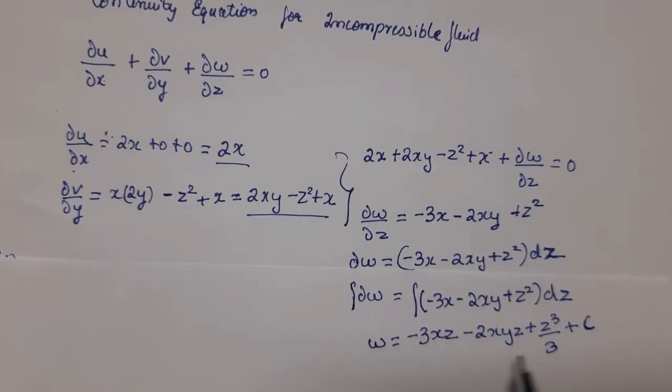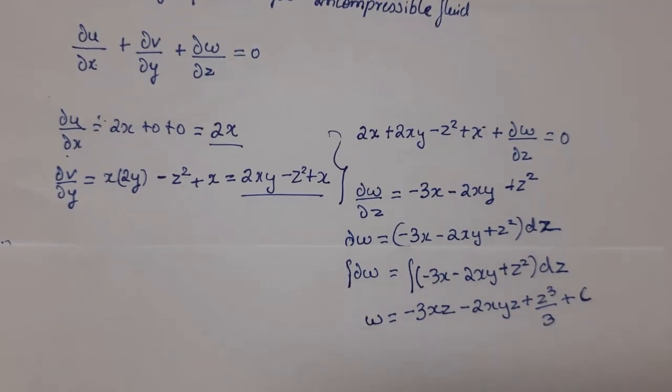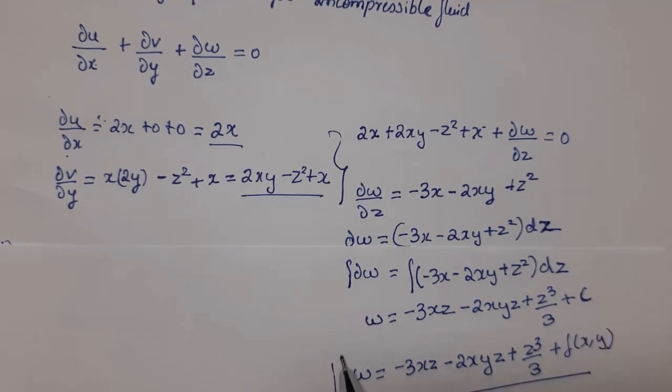Now this constant will not be a function of z, so it can be a function of x and y. So the equation for w is equal to minus 3xz minus 2xyz plus z cube by 3 plus a function of x and y. So this is the equation for w.